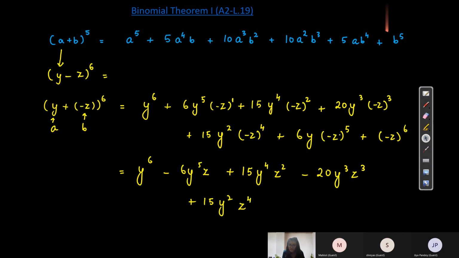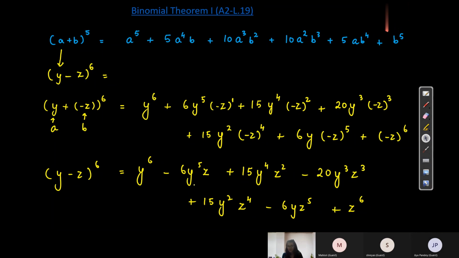This will be negative because the exponent is odd. So minus 6yz^5. And in the end, we get, this is an even exponent, so plus z raised to 6. So this is the final expansion for y minus z raised to 6.